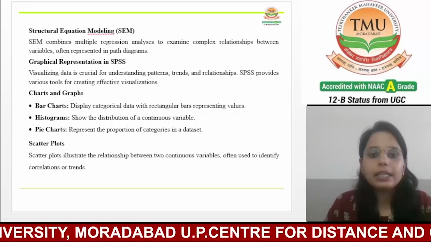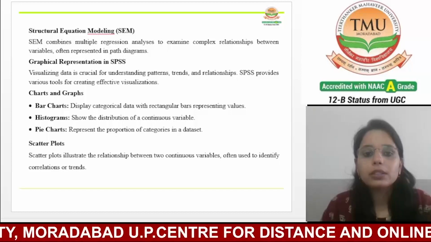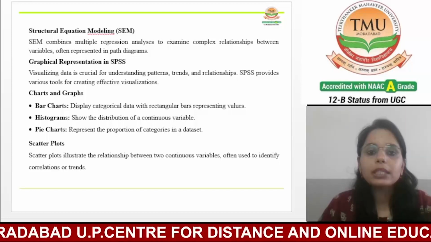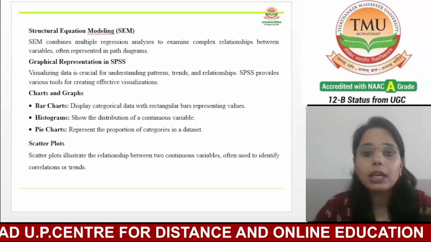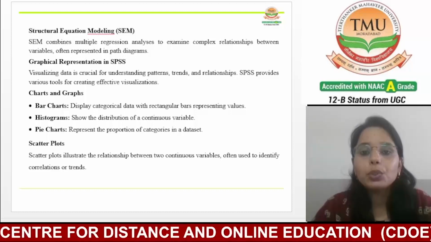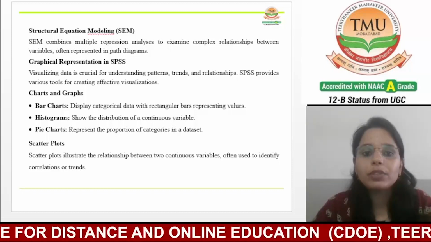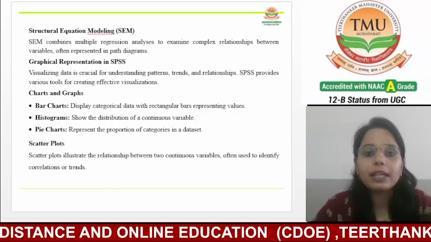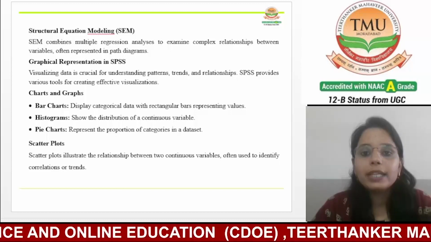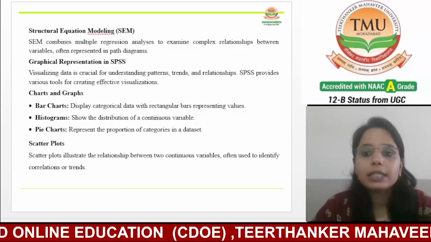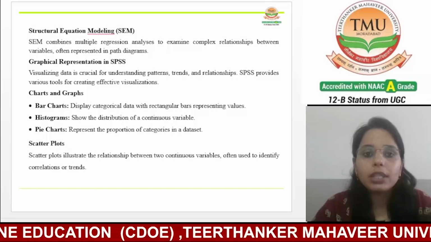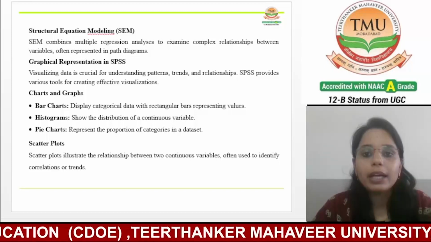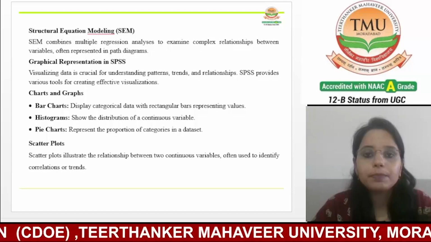Now, the next one is scatter plots. Scatter plots are a type of graph used to illustrate the relationship between two continuous variables. Each point on the scatter plot represents an observation, with the position of the point determined by the values of the two variables.